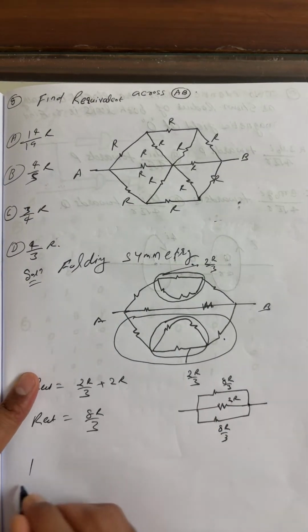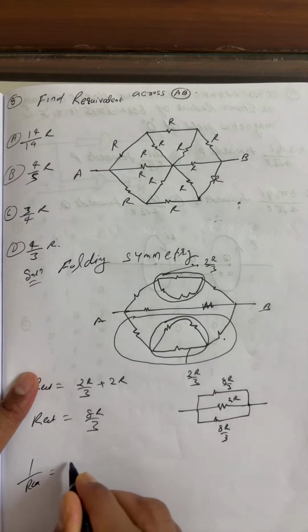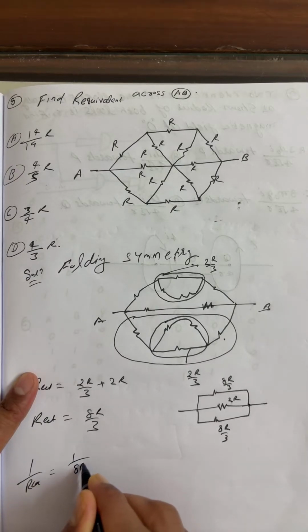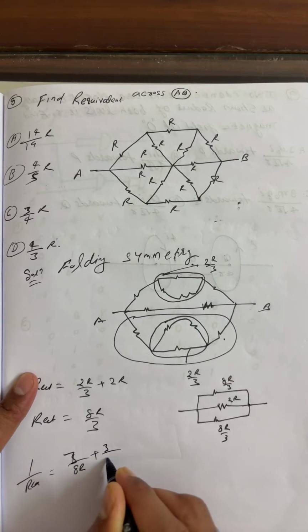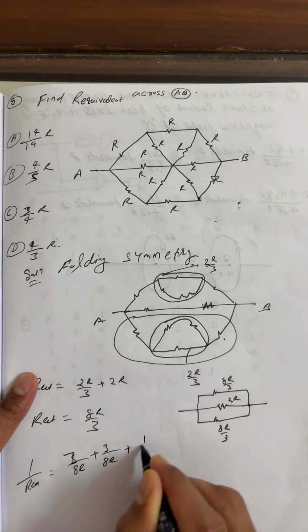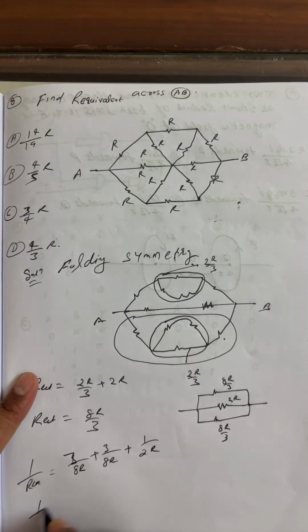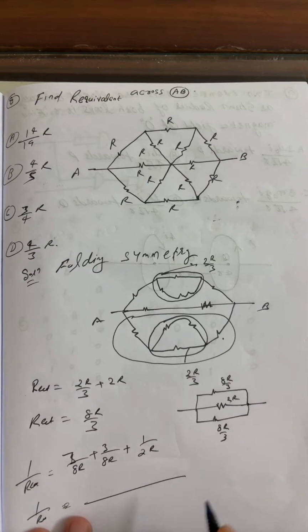These are all in parallel. So 1 upon R equivalent is 1 upon 8R by 3, plus again 3 by 8R, plus 1 by 2R. Just take the LCM, which is 8R.